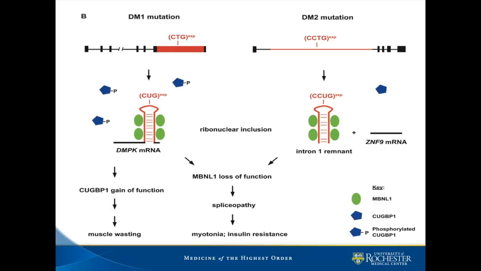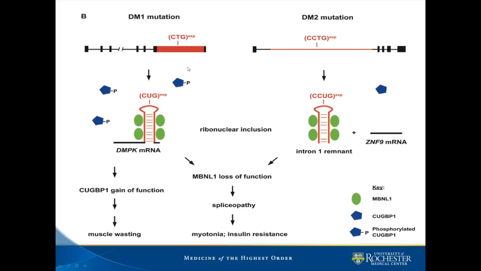This toxic RNA lodges in the nucleus. It just sits there and starts capturing this muscleblind 1. You remember I told you that it should act as a foreman on the job, but in order to act that way, it has to be free to act. And here it is being trapped by these abnormal hairpin loop formations that form these ribonuclear inclusions.